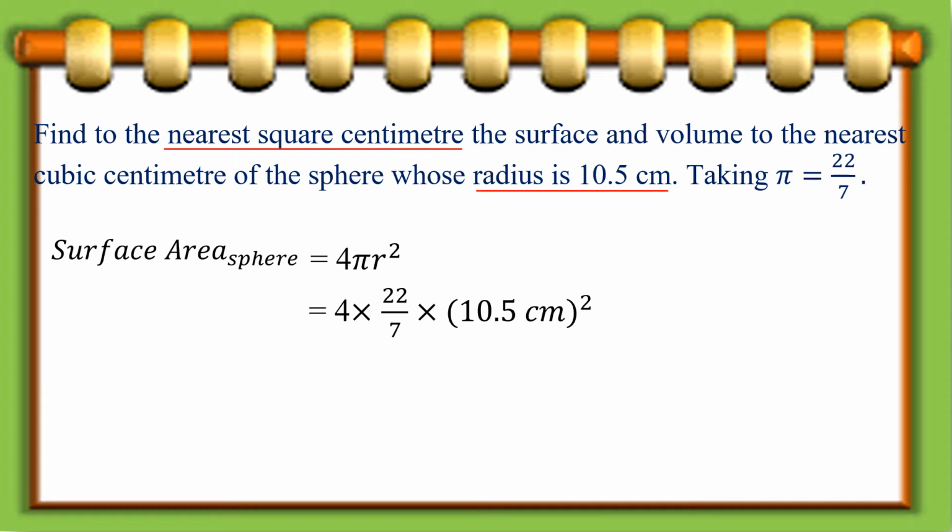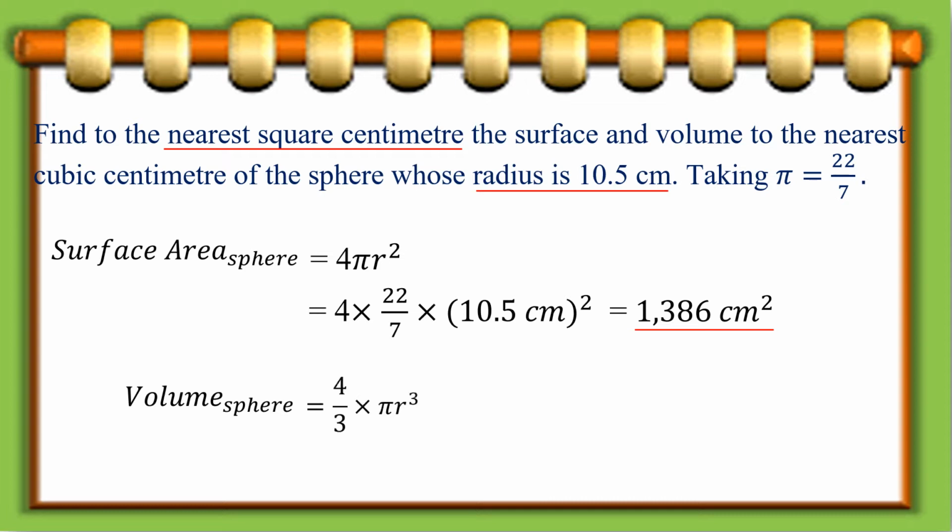Substituting the values, it would be 4 times 22/7 times 10.5 centimeters squared. Then we are going to express our answer to the nearest square centimeter, meaning we express our final answer in whole numbers. So we have 1,386 square centimeters. That would be the surface area.